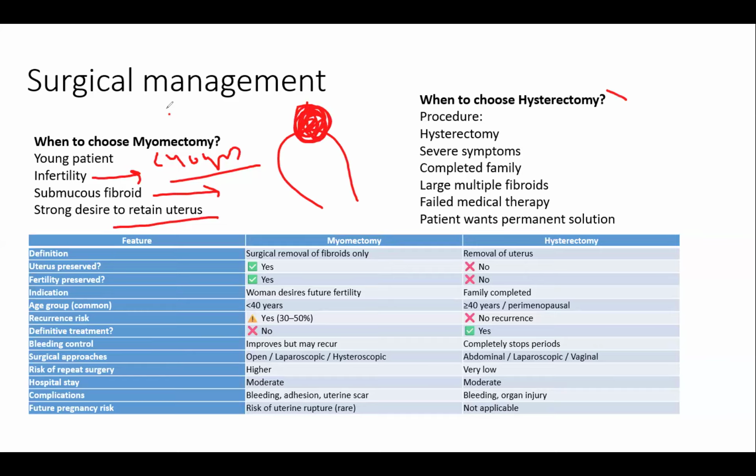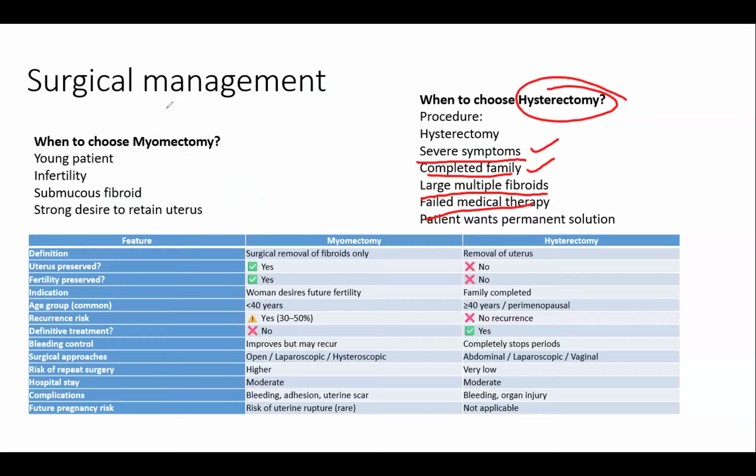And when to choose hysterectomy? When the symptoms are very severe, she's having heavy bleeding, she has finished family, has all the kids, large multiple fibroids are there, you have gone with medical management and medical management has failed, and the patient is telling, I cannot come and visit you on and off. I want a permanent solution for this. I want a definitive treatment. Then you go with hysterectomy.